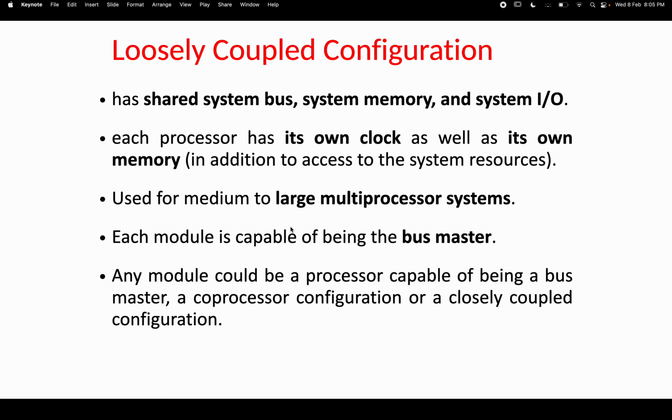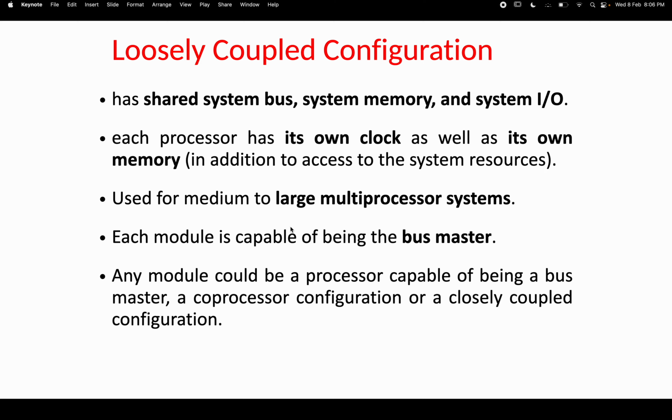So we have common system resources, and in addition to that, a separate clock and separate memory for each processor. This kind of configuration is used for medium to large multiprocessor systems. Each module is capable of being a bus master. Any module could be a processor capable of being a bus master, a coprocessor configuration, or a closely coupled configuration.